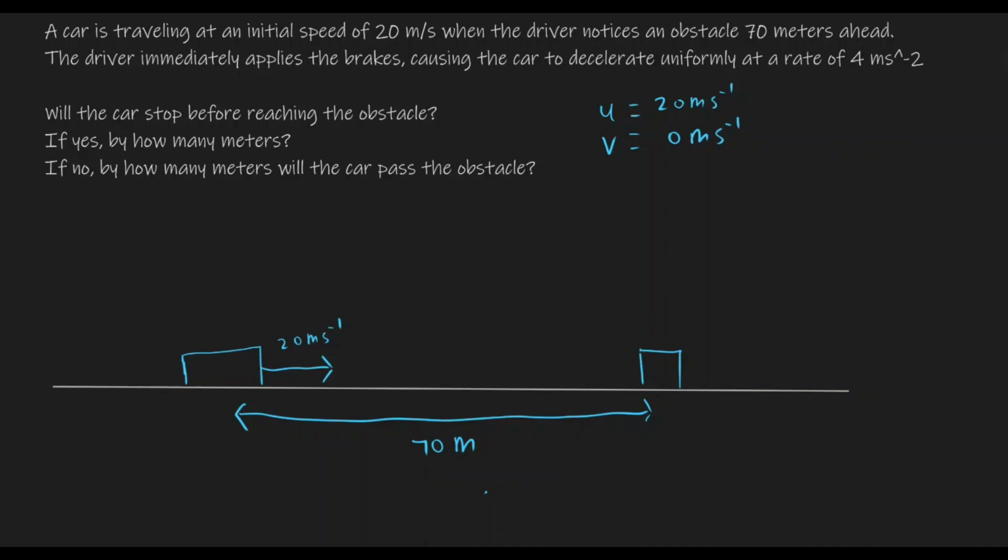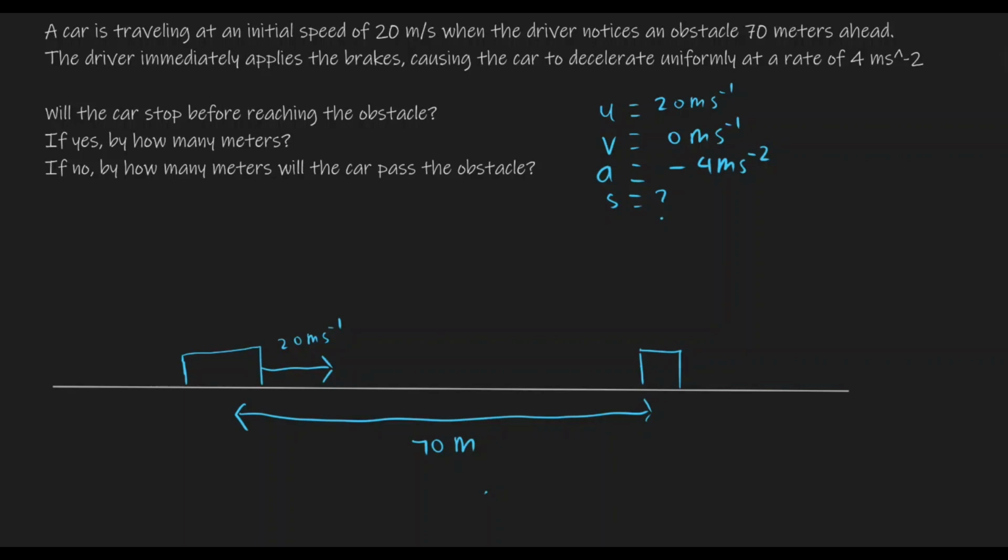We know the deceleration, a, which is equal to negative 4 meters per second squared. And is that it? Well, the 70 meters here isn't our stopping distance. It's what we want to achieve. So we're required to find the stopping distance.